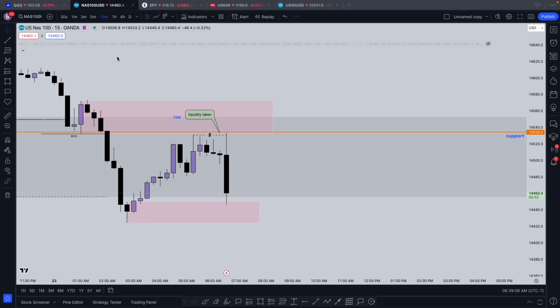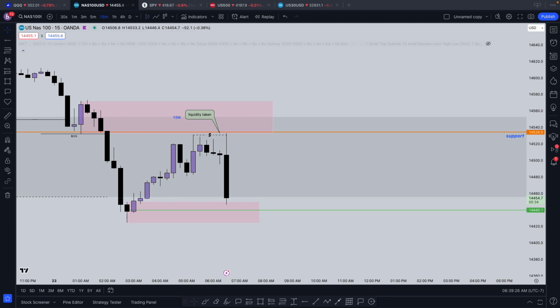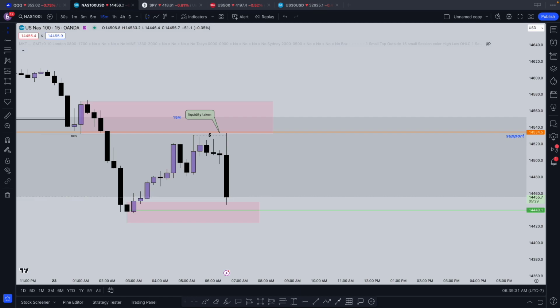I'm gonna keep my original PT, which is somewhere around like here. That's where my price target is. Let's go, baby. About 400. Come on.